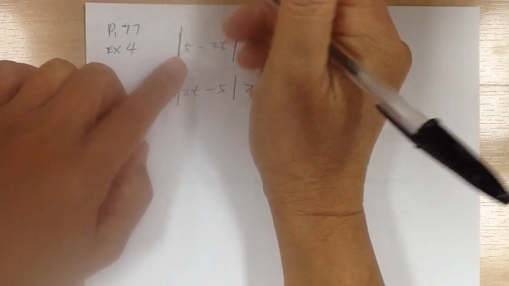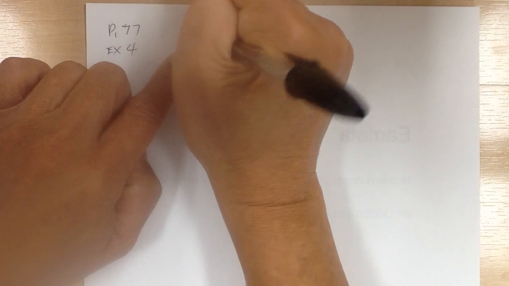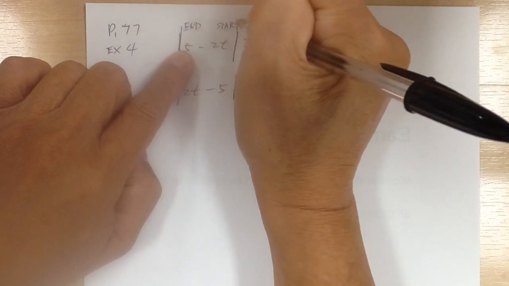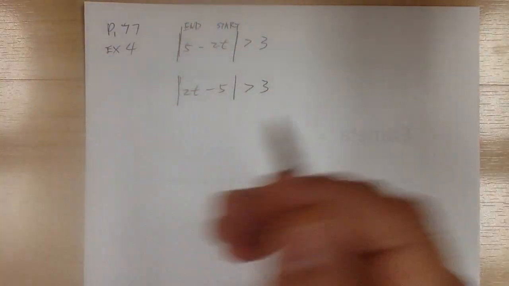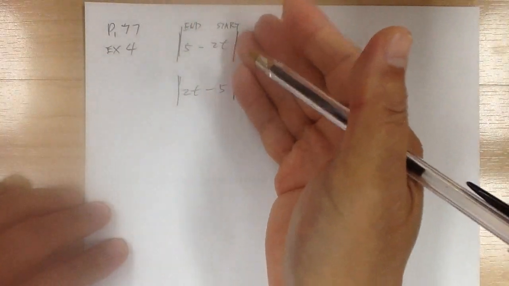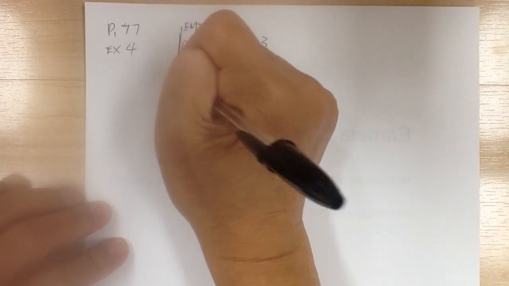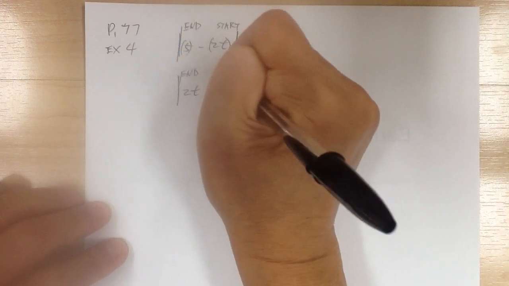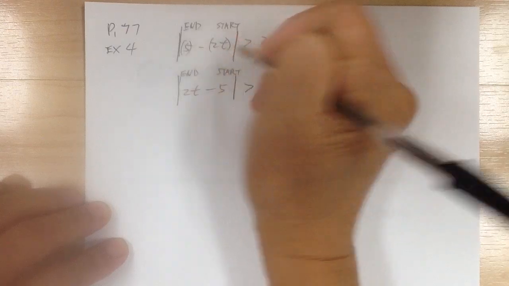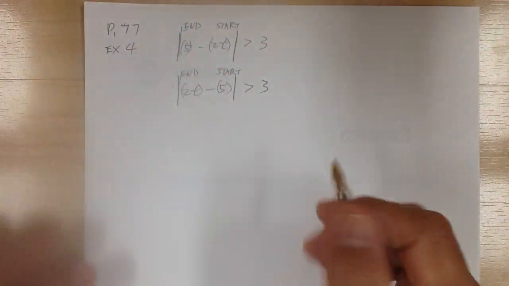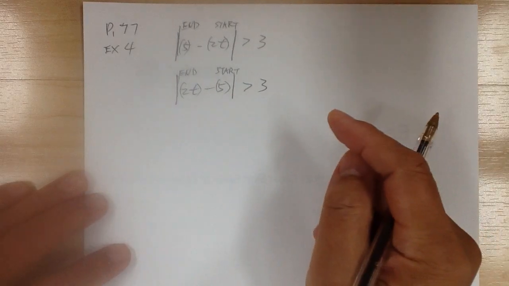Over here, I have the end point, and this is the starting point. But remember, for distance it doesn't matter which is the starting point and which is the end point. So I'm going to make 2t the end, and make this the starting point. That's why I flip the two parts over, because you need to have the variable in front.